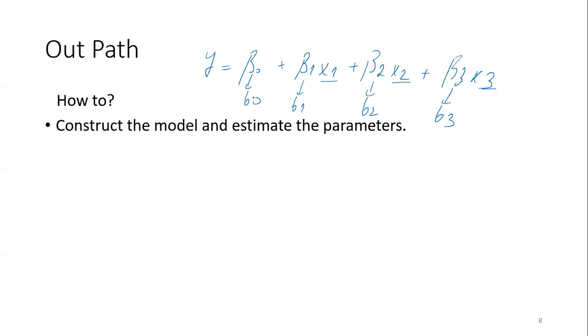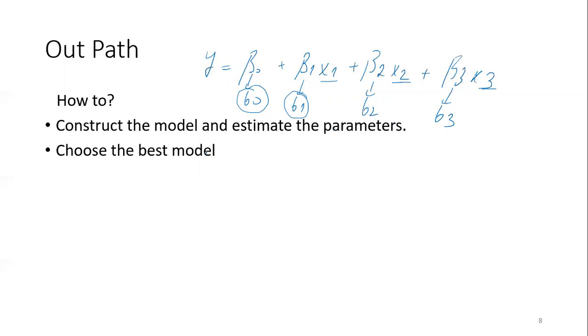Assuming this, we run the required algorithm to find the estimates of beta i: B0 for beta 0, B1 for beta 1, and so on. So this is your first step.